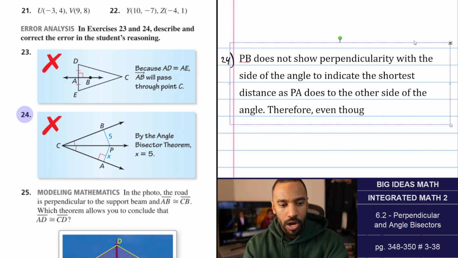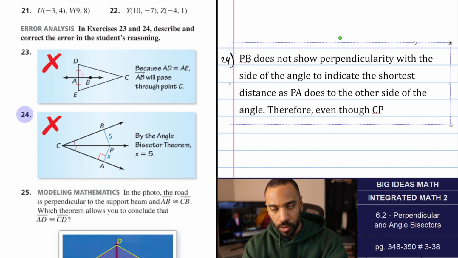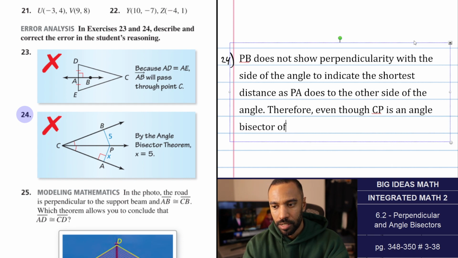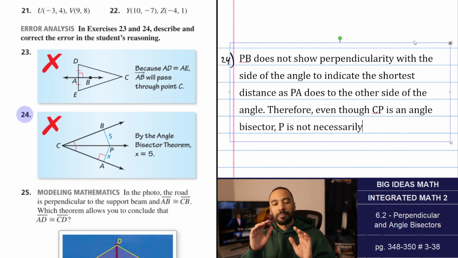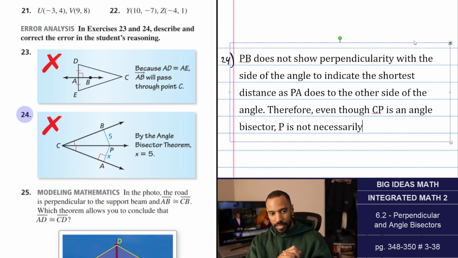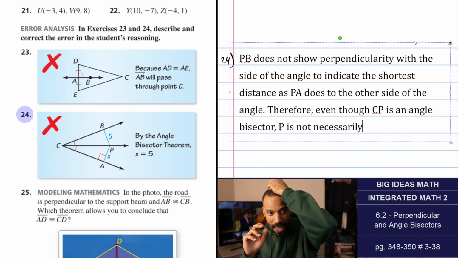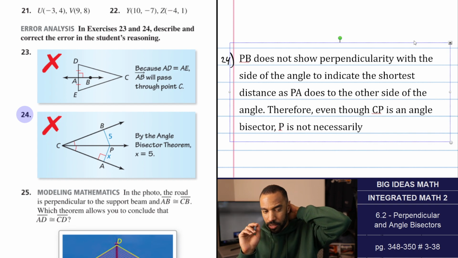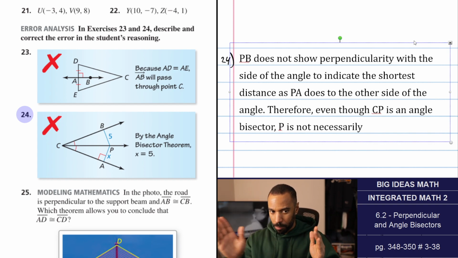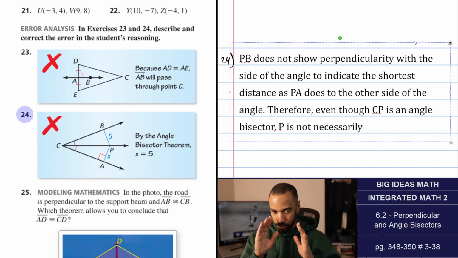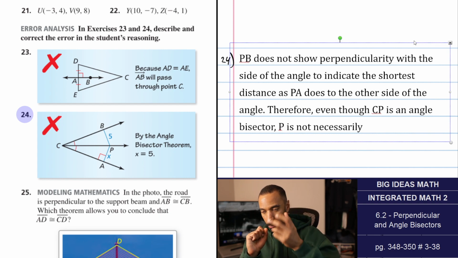Therefore, even though ray CP, and I'm going to draw all the symbols after, is an angle bisector, P is absolutely equidistant to the sides, but PA is not necessarily the same length as PB. I don't know where B actually is as a point. I don't know what's on the perpendicular shortest distance point location.